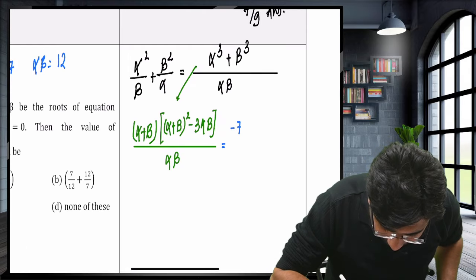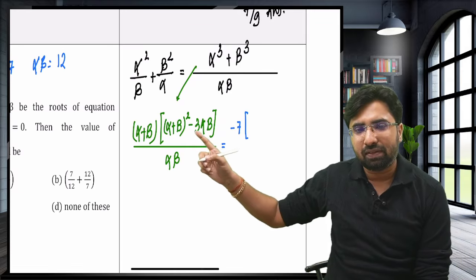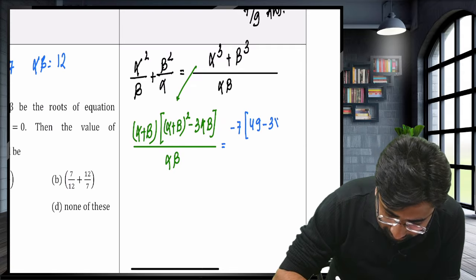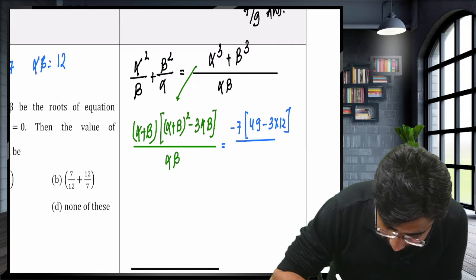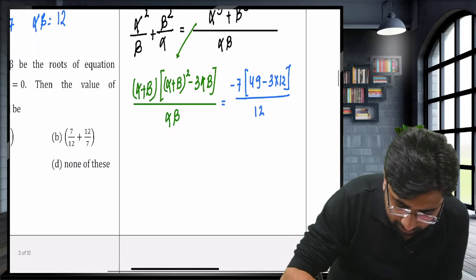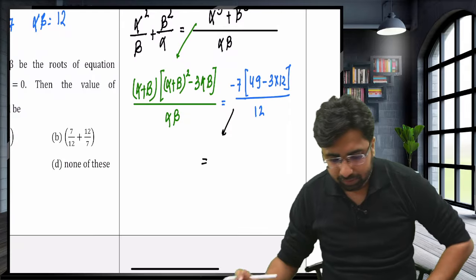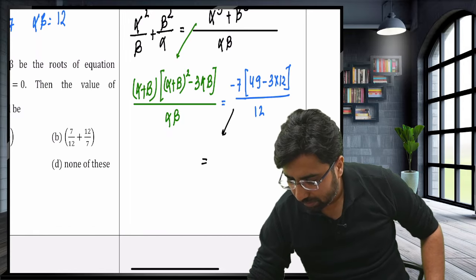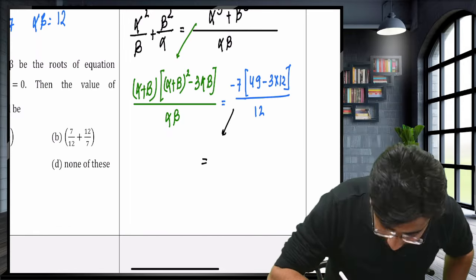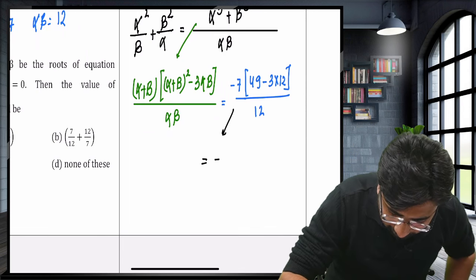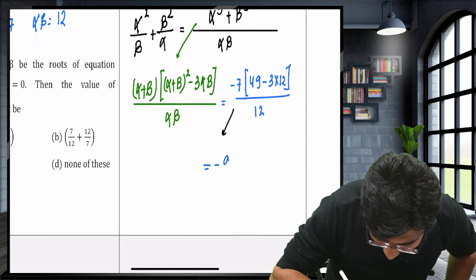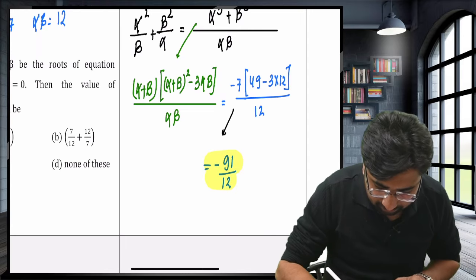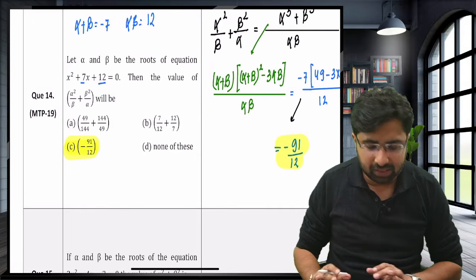Minus 7, bracket minus 7 whole square 49 minus 3 times alpha into beta 12, divided by 12. How much you will get over here? 49 minus 36 multiply by 7 with minus sign. So we will get minus 91 upon 12. That is the answer. We are having option C as our answer.